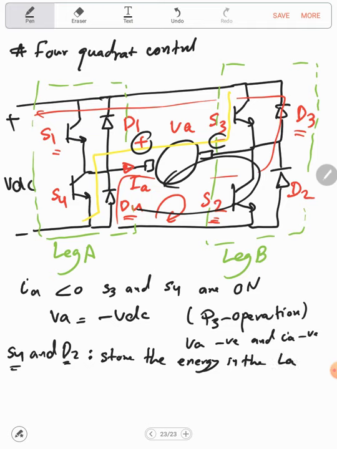Now, if there's energy stored and this energy is sufficient to be fed to the supply, then we can go via D1 and D2.